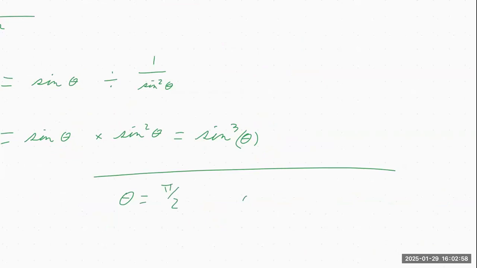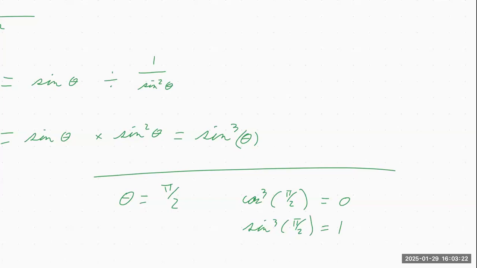Cosine of pi over 2 is 0. 0 cubed is 0. Sine cubed of pi over 2, well, sine of pi over 2 is 1. If you cube it, you still get 1. So for the angle pi over 2, these two expressions are not equal. Therefore, we cannot make the statement that these two expressions are always equal no matter what theta is. And remember, that was our goal.